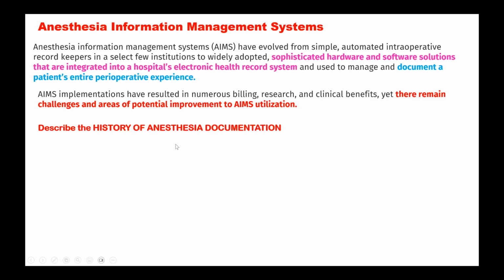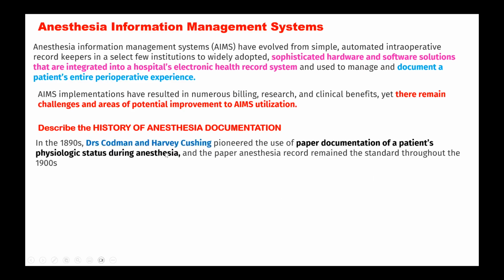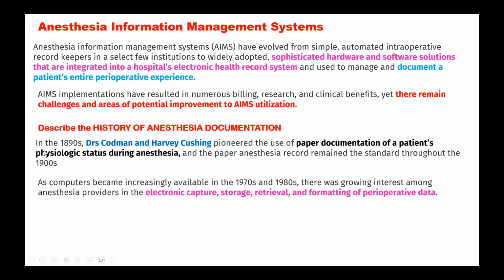Now coming to the history of anesthesia documentation of patient information, it started with Dr. Harvey Cushing and Codman, and they used paper documentation of patients' physiological status. As I told you, one nurse was separately allotted to note down the vitals of the patient during the 1890s and 1900s itself.